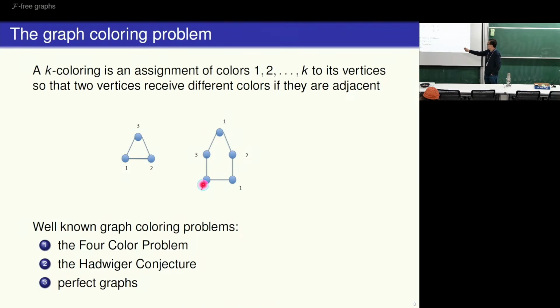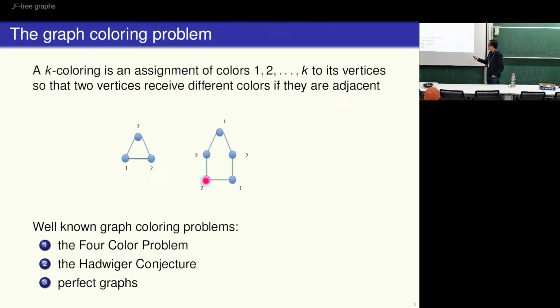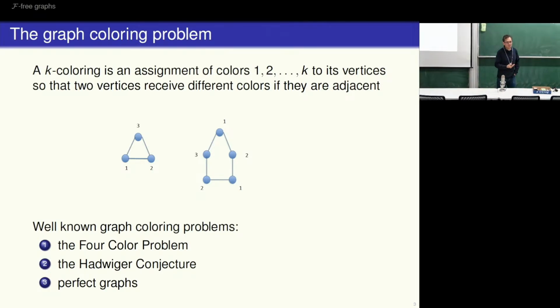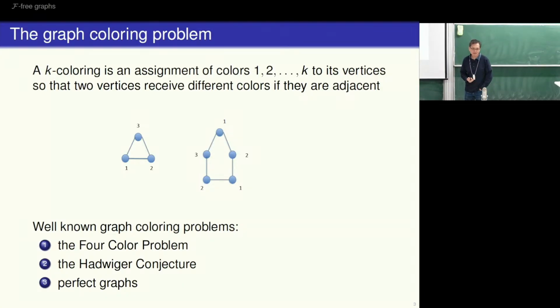Then this vertex needs color 2. Then you go up to this vertex and you get stuck. You cannot give it color 1 or 2, so you need a new color. So for this graph, which is the C5, we need 3 colors. This idea seems very simple, but it leads to some very deep theorems in graph coloring.